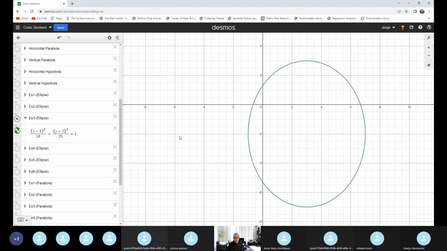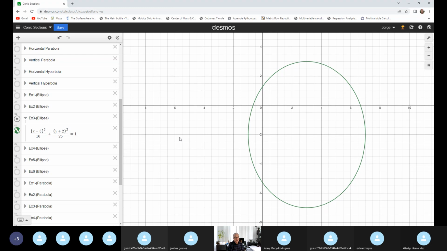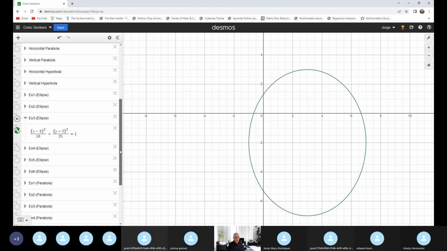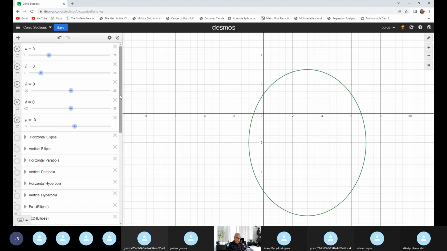Oh. Yes, it looks vertical. Remember, vertical is when the distance in the y direction is bigger than the distance in the x direction. To determine the points, you assume A is 5 and B is 4, correct? And H is 3.